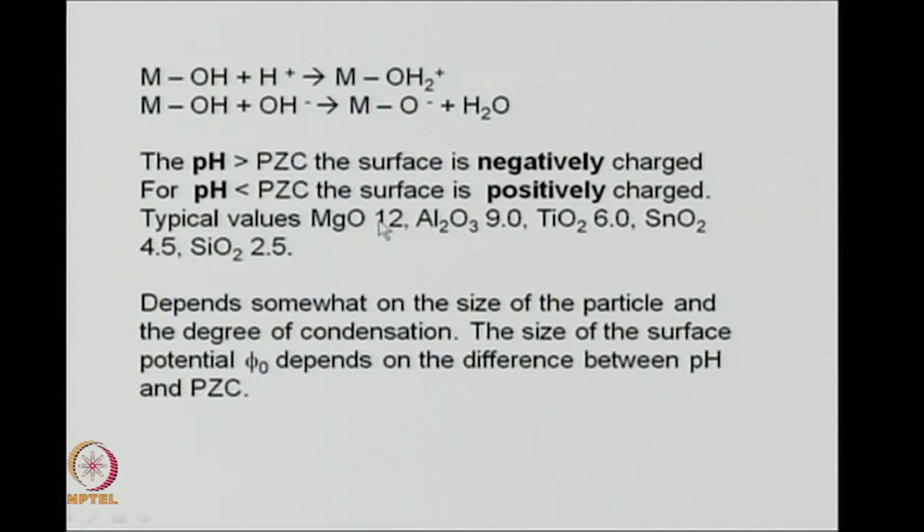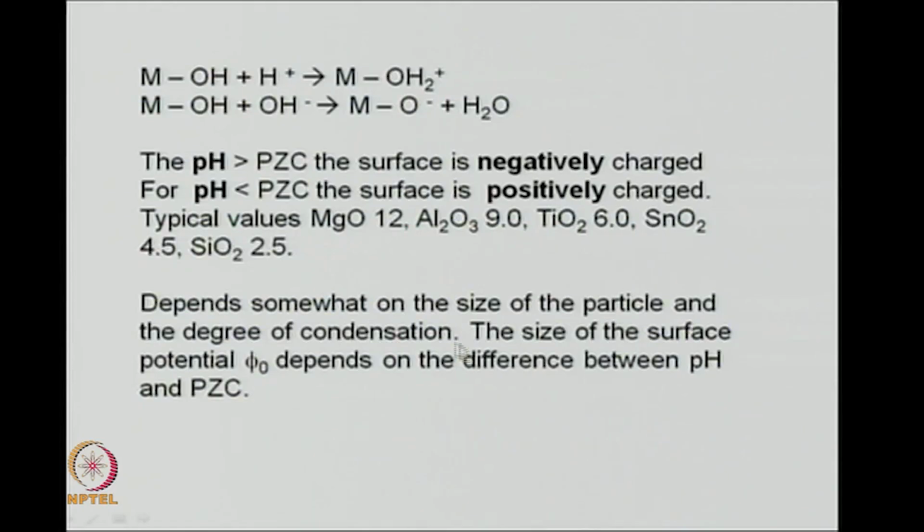So, depending on what oxide or surface you are using and what its PZC is, you have to choose the pH of the solution to create the kind of charge you need on the surface. If you want to create positive charge, the pH should be less than the PZC of the material.